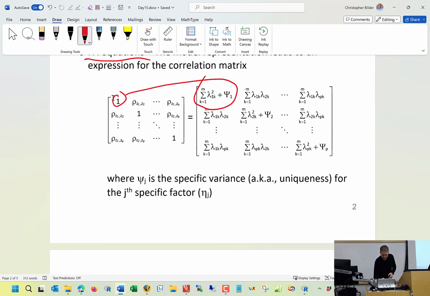Also, rho sub Z1 Z2, the correlation between Z1 and Z2, is equal to the sum of the products of their corresponding lambdas in the first equation and the second equation.